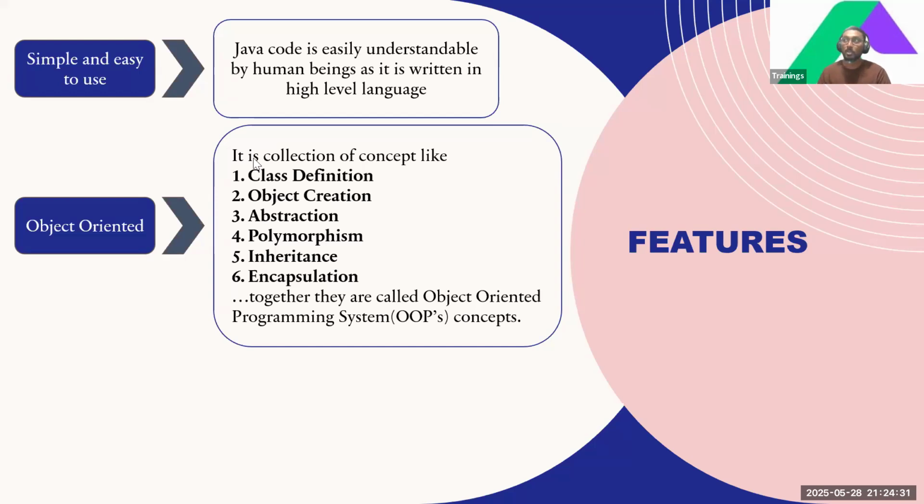Similar to Java, Python also supports this, and C Sharp also supports this. Once you learn this concept, it remains the same for all programming languages. You don't have to learn it separately for Python or for C Sharp. The concept remains the same because it is a common concept.